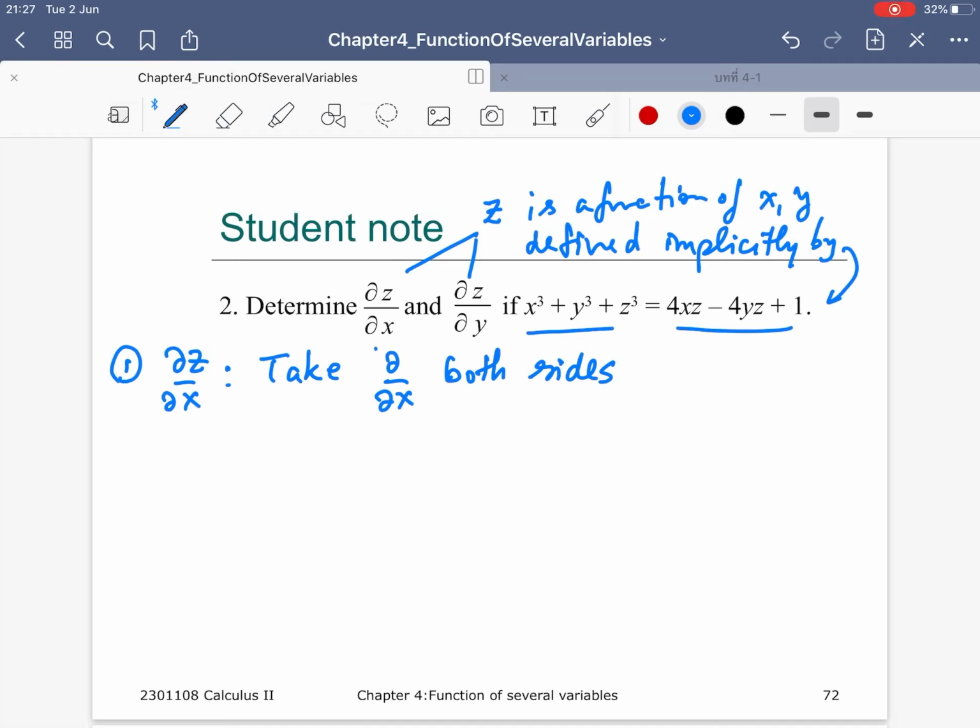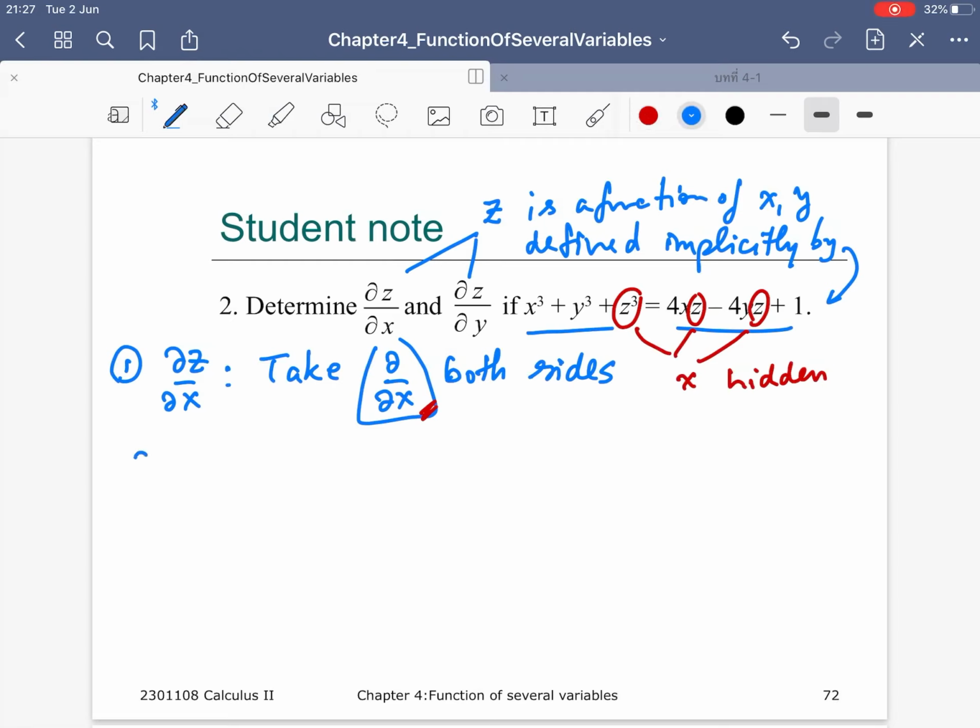So if you are going to find d by dx, it means that we regard your y as a constant. However, all the z here has x hidden. Actually it has x and y, but right now, because you are taking the derivative with respect to x, all the z has your x hidden.